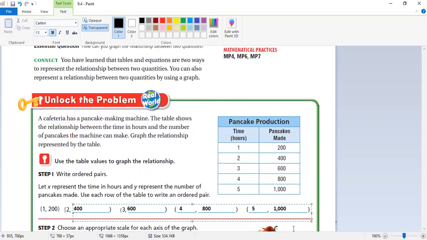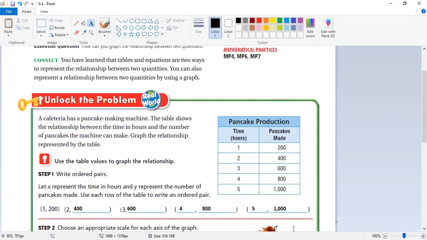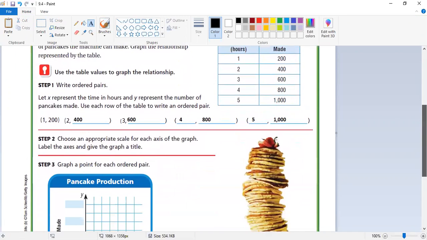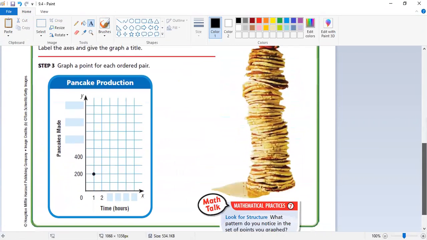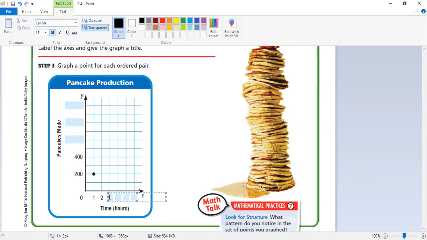Okay, now let's move on. What are they saying? The next one, choose an appropriate scale for each axis of the graph. So they already gave you something like this. We need to complete the graph. We need to complete the axis. So let's complete the x-axis first. So here it's going to be 1, 2, 3, and then 4, then 5, and then 6.